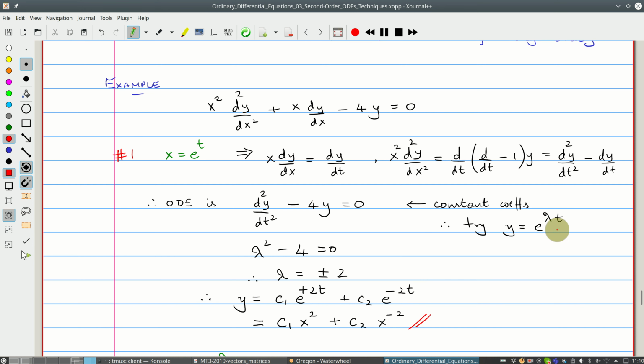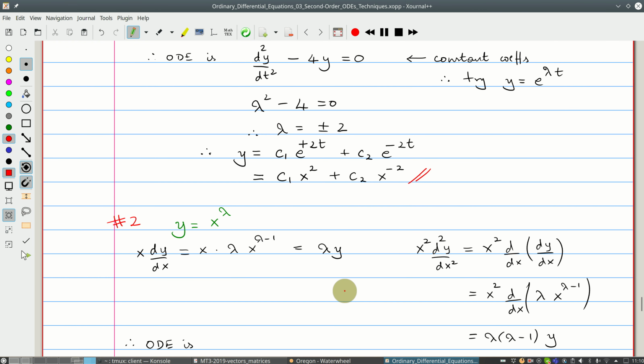Right, so we are using this ansatz. But now we know that x is e to the t, so we can transform back to x, and this becomes y is equal to c1 x squared plus c2 x to the minus 2. And try it out, put this back into the ODE, and you will find that this is indeed a solution.